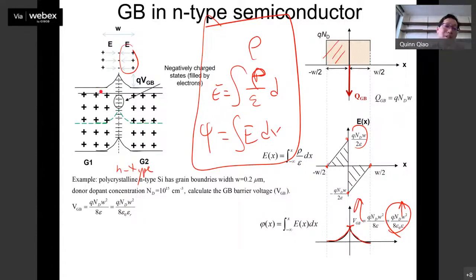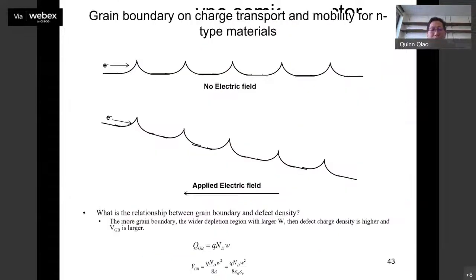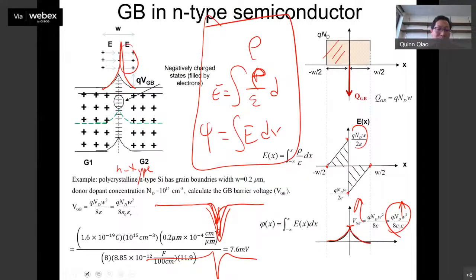For electrons, it pushes up more, and for holes, it pushes down more. As you trap more electrons, this keeps going down like that. So that's about the grain boundaries. There's an example here. You can read this.